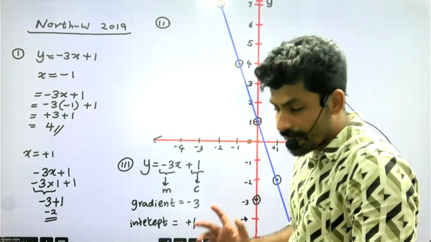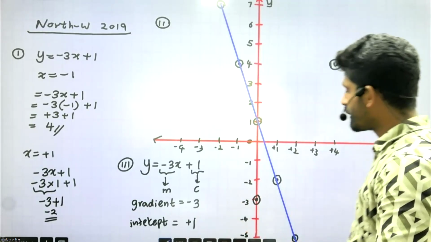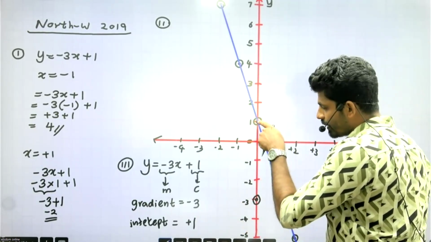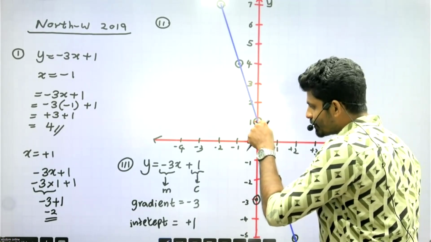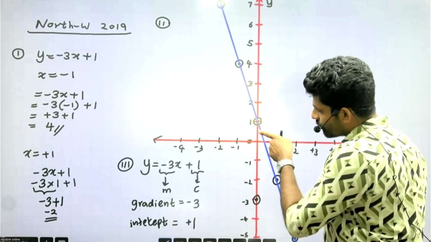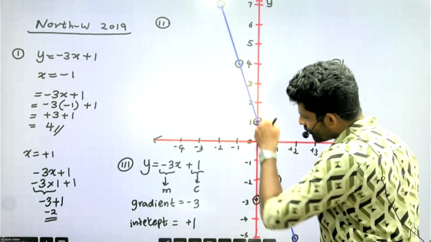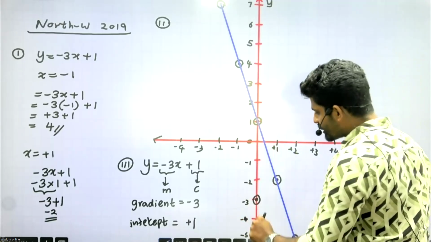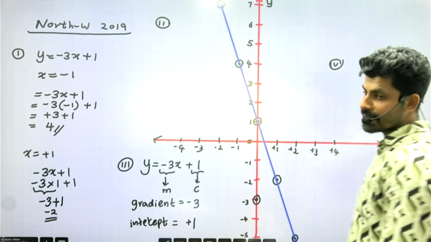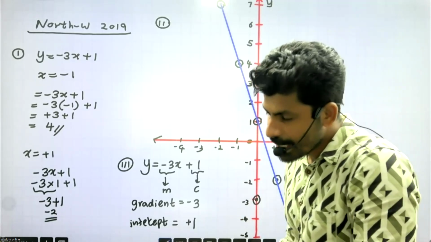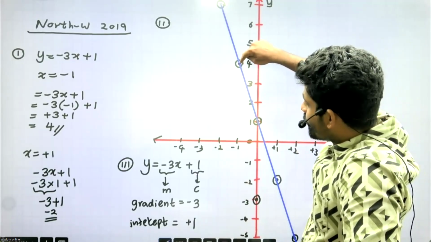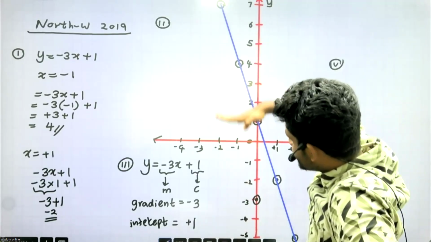Then how do we find the other points? Look, here the point is 1. You need to move how many units? 1, 2, 3, 4 units down. So you need to move 4 units down.